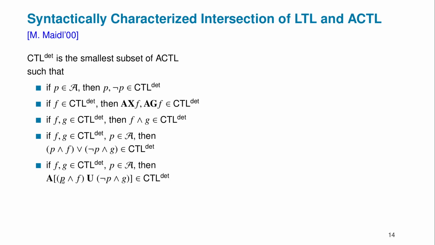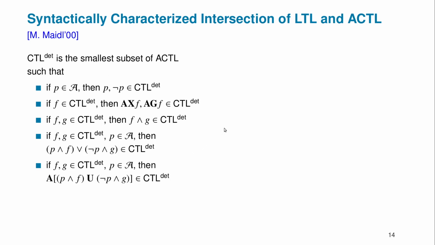The important thing is that at the time we evaluate the formula, we know if P is true or if P is false, and therefore we know if we have to check F or if we have to check G in order to decide if the until expression is true. Yeah, and only these formulas are in CTL det, and it could be necessary that we perform some rewriting in order to transform a formula into exactly this structure.